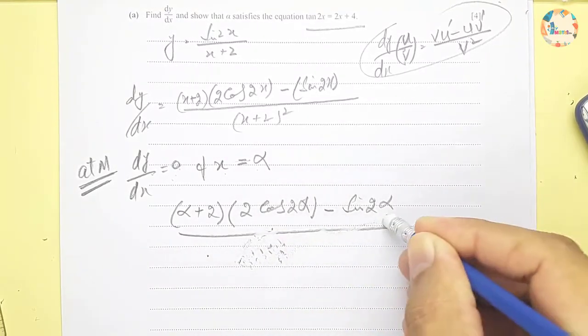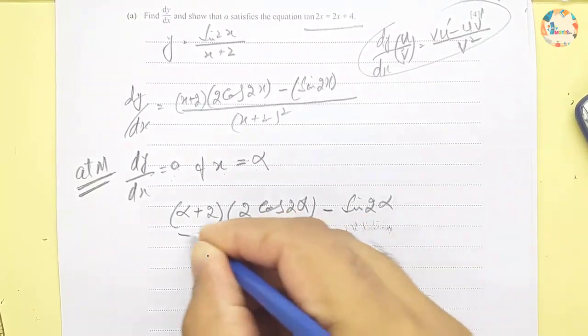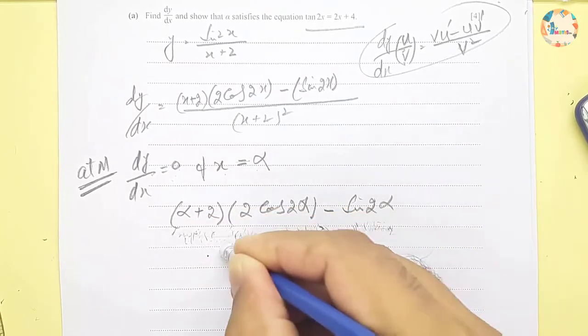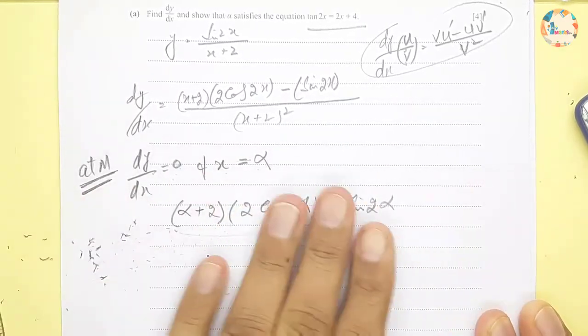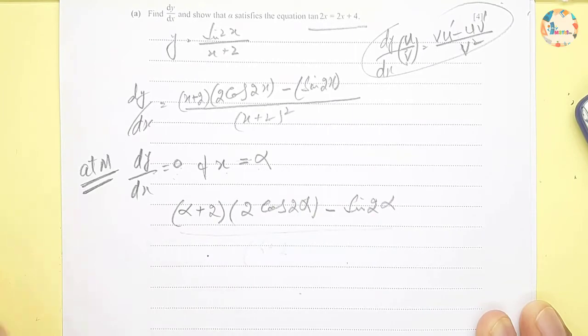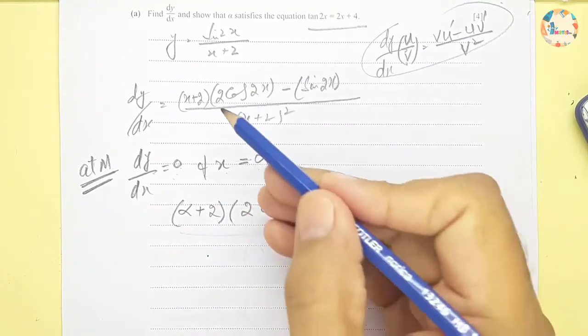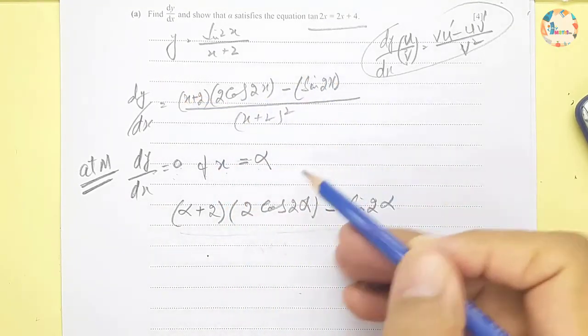Basically we can ignore the denominator because dy by dx is equal to 0, so the easiest way is to take the numerator equal to 0.